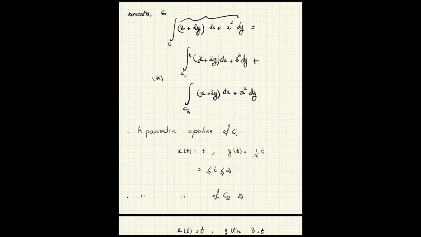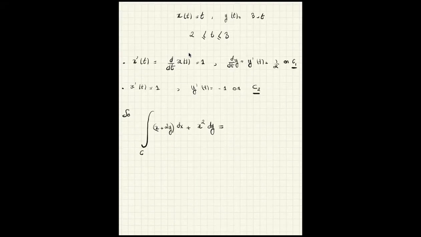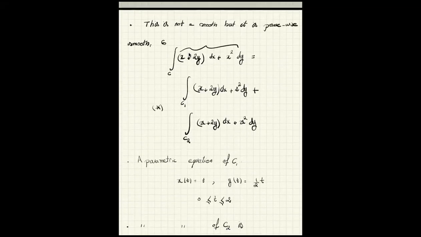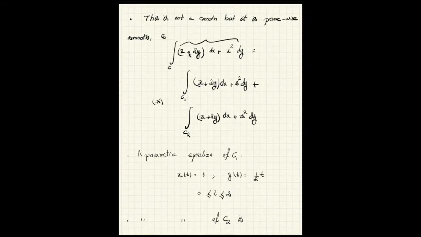I'm going to do it in one shot, but make sure you understand it. I'm on the curve C1. Now what are x and y on the curve C1?